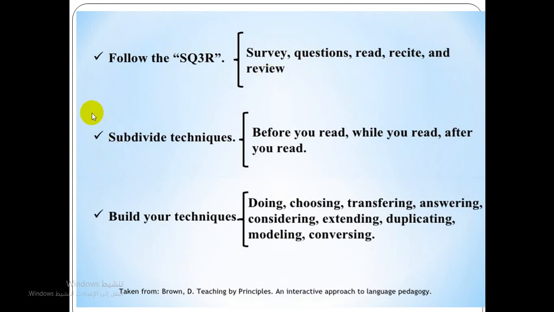The teacher can subdivide techniques, or the reader can subdivide techniques, before he or she reads, while he or she reads, and after he or she reads. Also, readers build their techniques by doing, choosing, transferring, answering, considering, extending, duplicating, modeling, conversing.